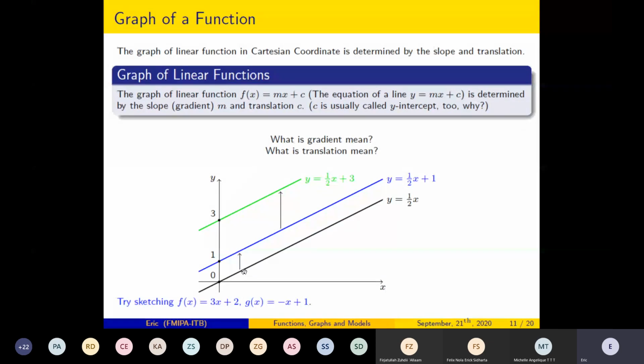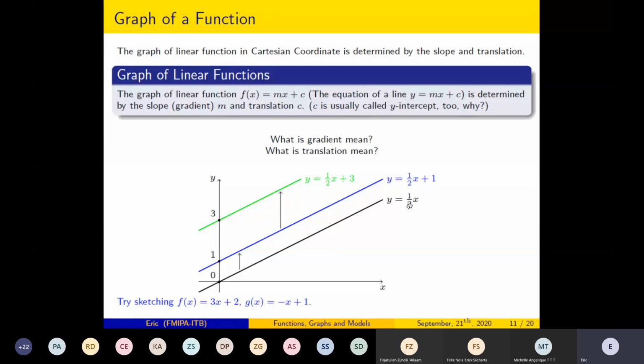If I have y = 2x, that is a line that has 2 as its slope. If I go right 1 point, it will go up by 2 points. So this is the graph of y = 2x. And y = a half x + 1 is just translating along the y-axis, so the 0 will become 1.